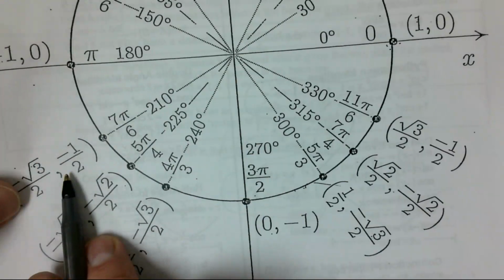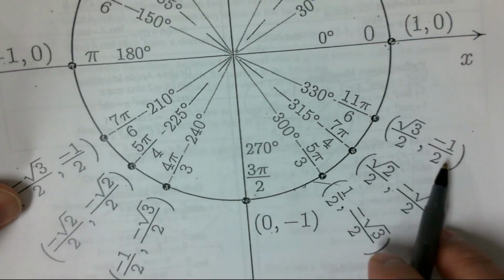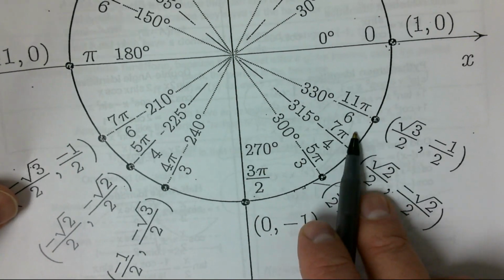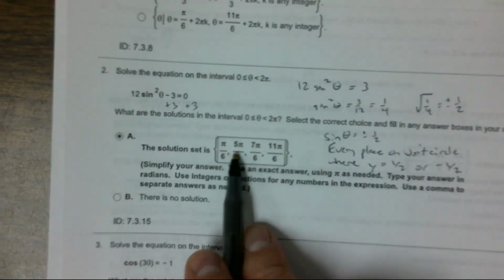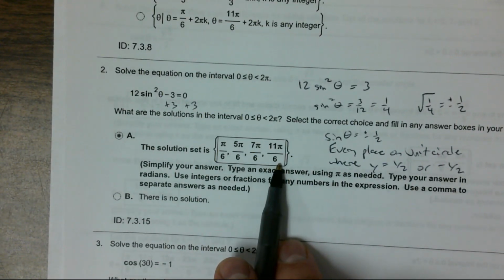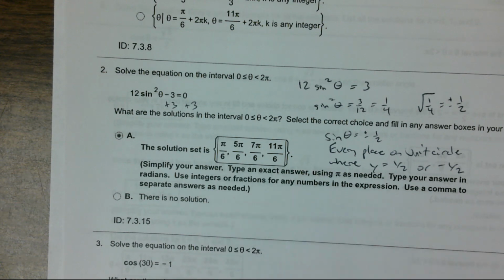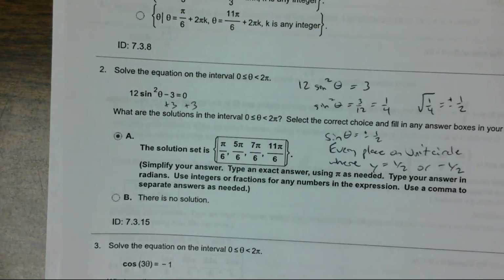But the other 2 answers are down here, where this is negative a half, which is 7 pi/6, and where this is negative a half, which is 11 pi/6. Make sure you use commas between them. Don't use brackets, just list them. So you have to use your unit circle.